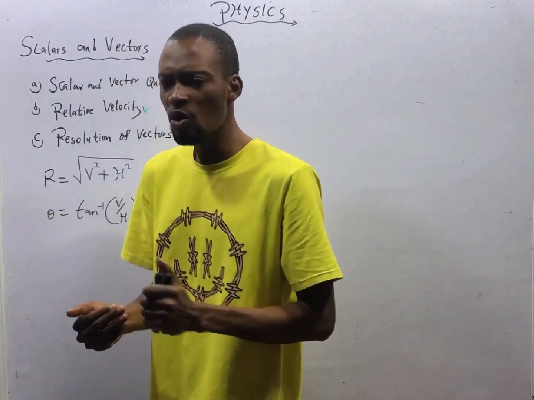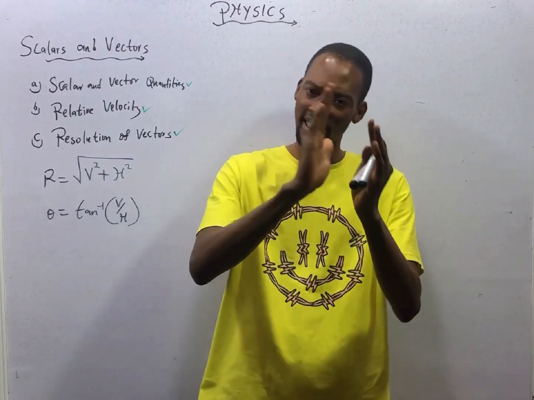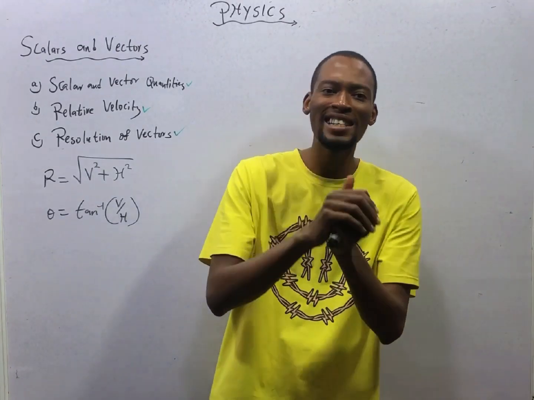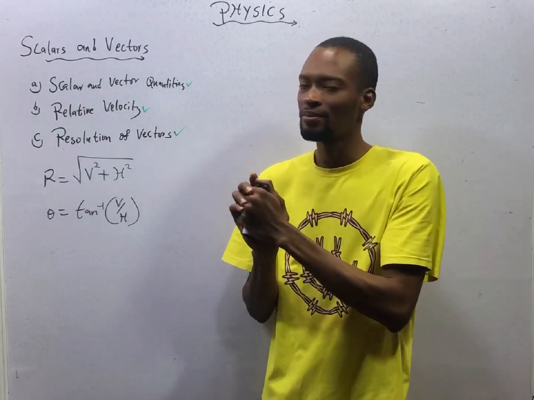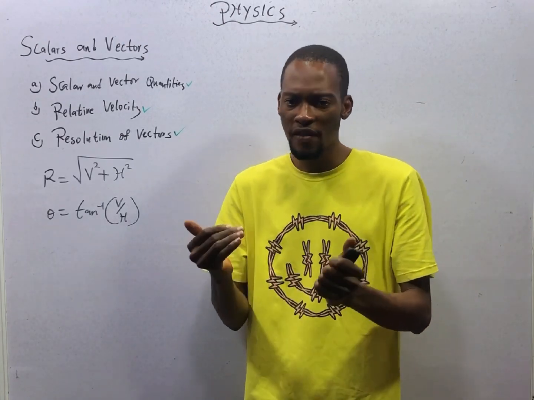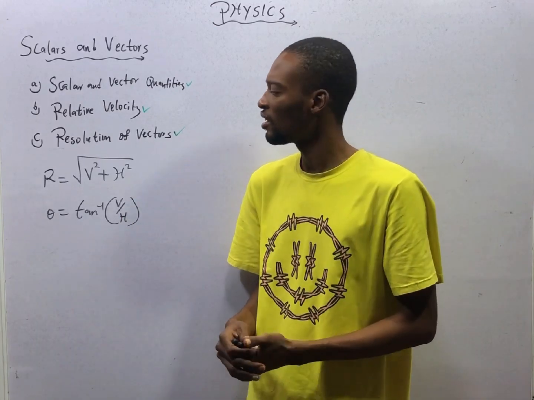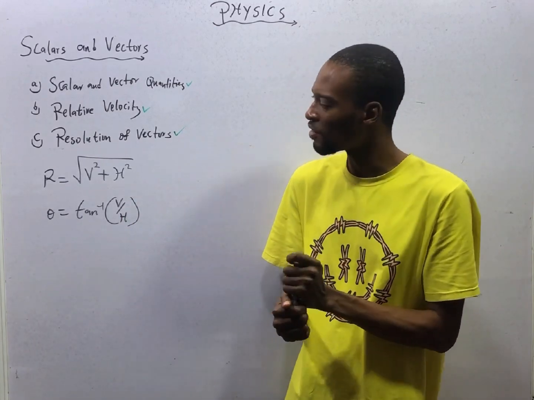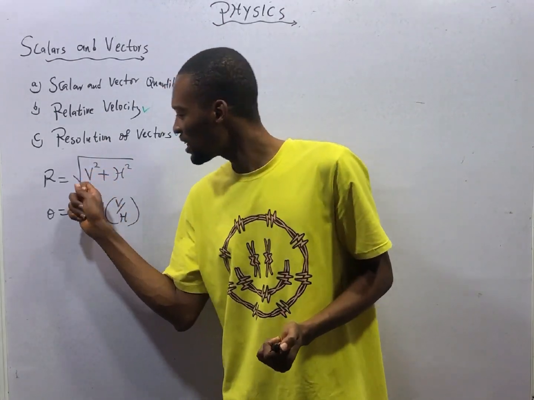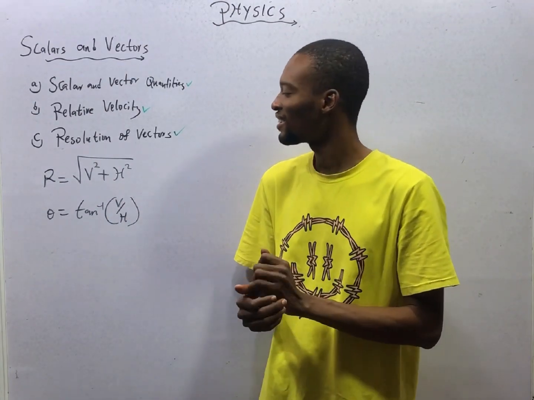So this is it. When you are given vectors in 2 dimensions, we resolve to the vertical axis and to the horizontal axis, to the y-axis and to the x-axis. Resultant is a single vector that gives us the same effect as the vertical and horizontal axis combined. And the magnitude of the resultant of any vector is the square root of square of vertical component plus the square of horizontal component.